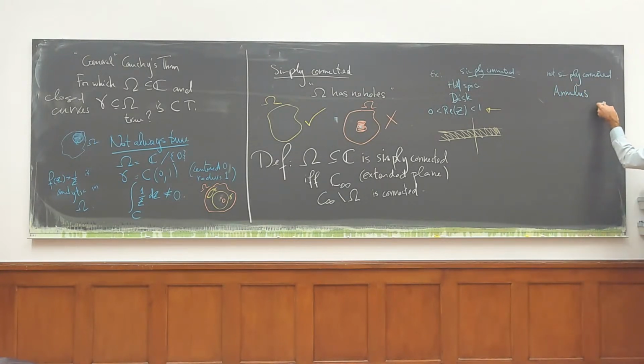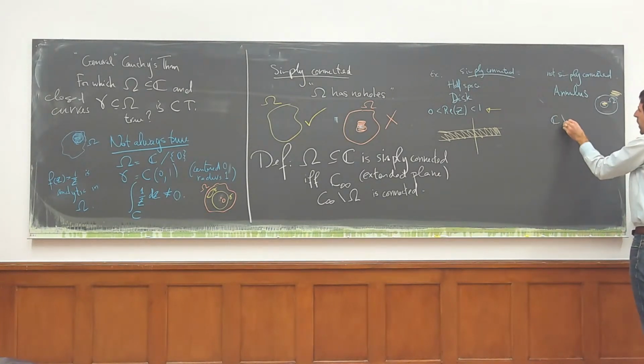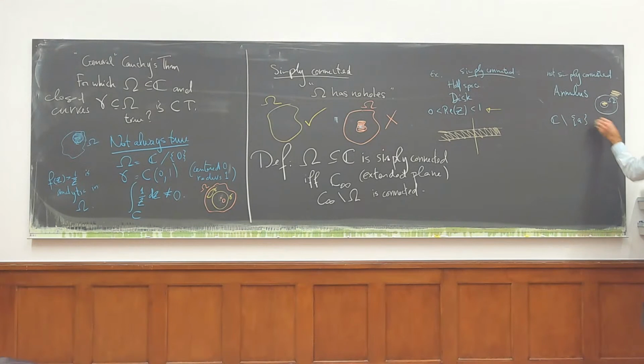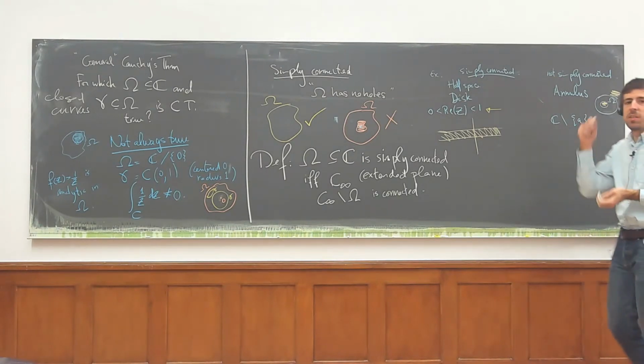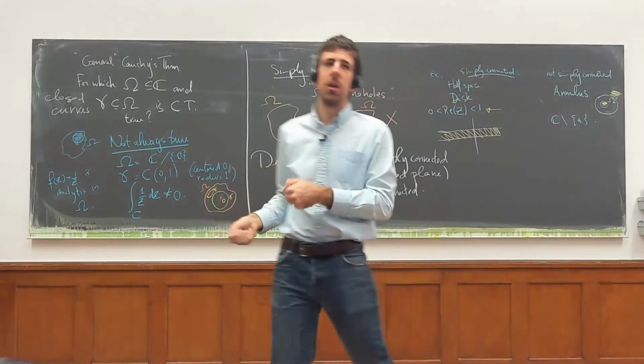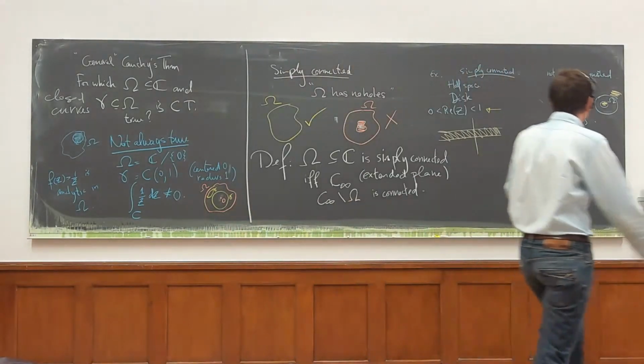If I have this set omega, this is not simply connected, because the complement of omega has this part and this part. Another example is a punctured plane, C without a point A. And again, this is a place where taking the extended plane is important, because now the complement of this region is A and the point at infinity, and it's not connected. So this set is not simply connected.